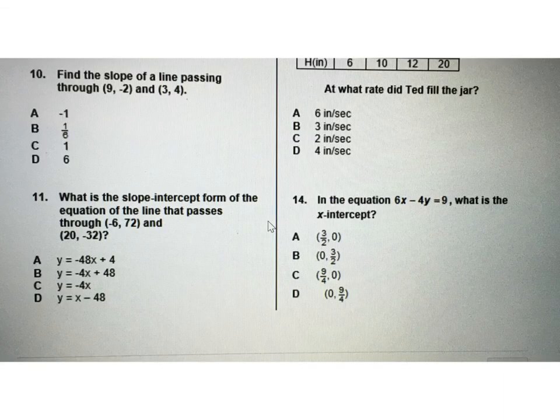Okay, we already did number 10. So, what is the slope-intercept form of the equation of the line that passes through (-6, 72) and (20, -32)? So you're going to set it up. Let's subtract our y's. This time I'm going to make this y2 and this one y1.